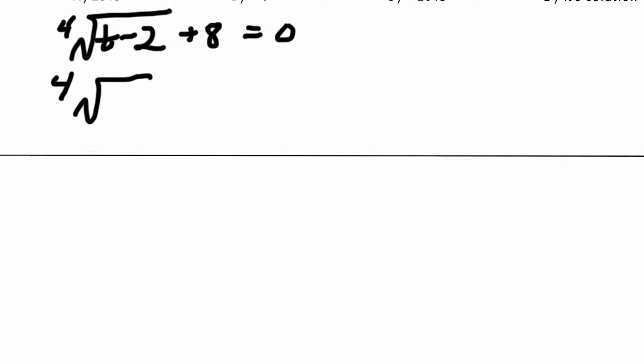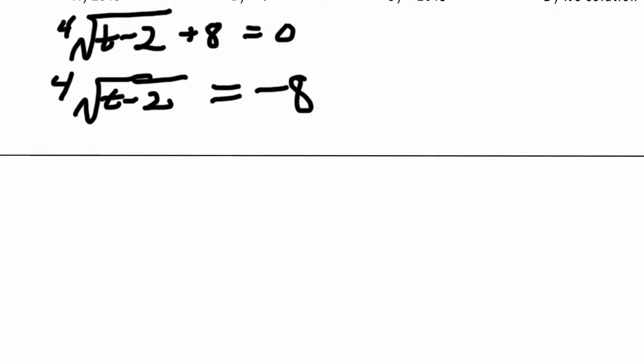So with the fourth root of t minus 2 plus 8 equals 0, we're going to add a negative 8 to both sides, giving us the fourth root of t minus 2 equaling a negative 8.